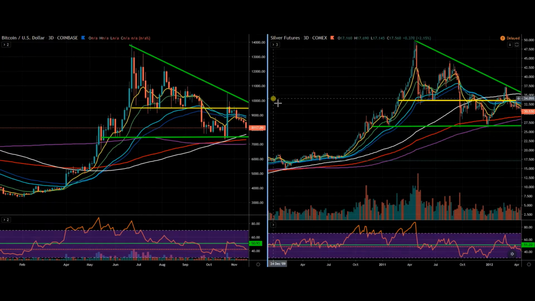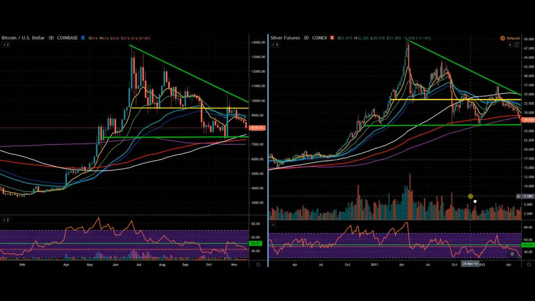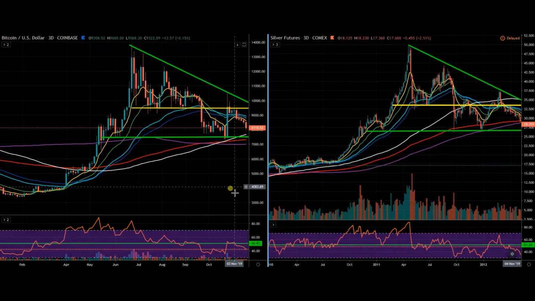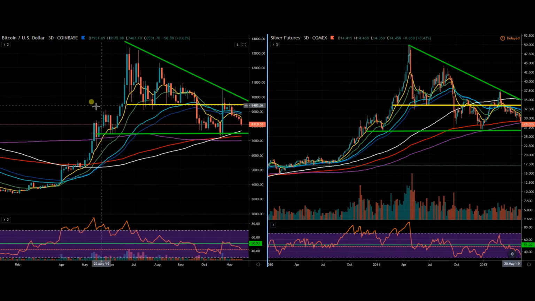Okay guys, let's get into this here. Very important here. The fractal is just unbelievable, in my eyes. It's very, very similar in nature. First thing I want to talk about, guys, is this little node of price action. A lot of people are ignoring this. It's mind blowing to me that people are just ignoring this bit of price action.